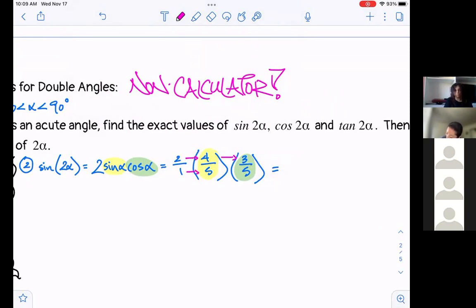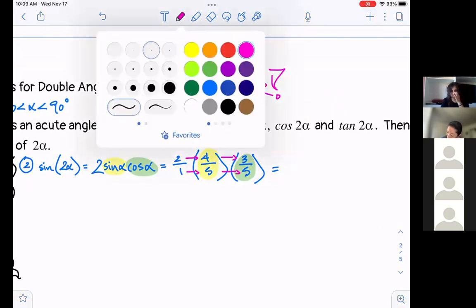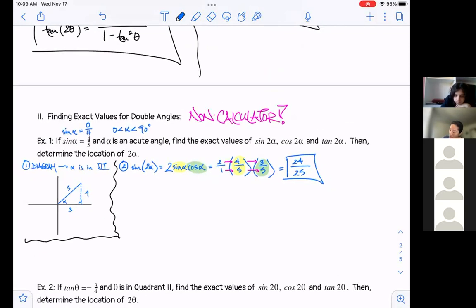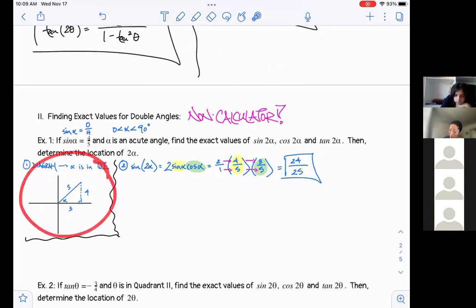And then we could do the same thing to find the denominator. All right, so we get 2 times 4 times 3, that's 8 times 3 is 24, over 1 times 5 is 25. And this, my friends, is your sine 2 alpha. Okay, so if you draw your diagram and you label all 3 sides, you will have all the information you need to plug it into the formula. And then you need to multiply your fraction.